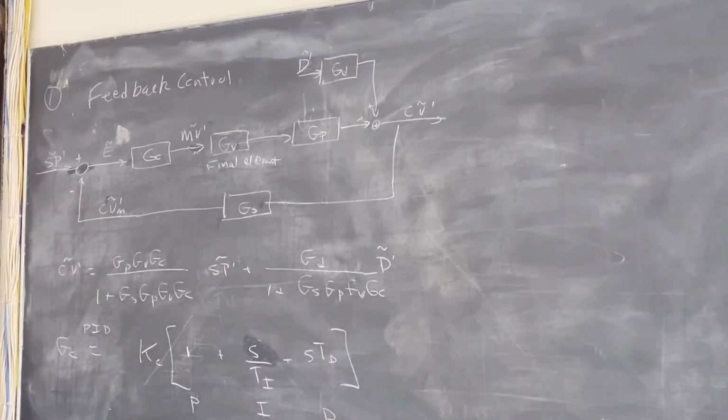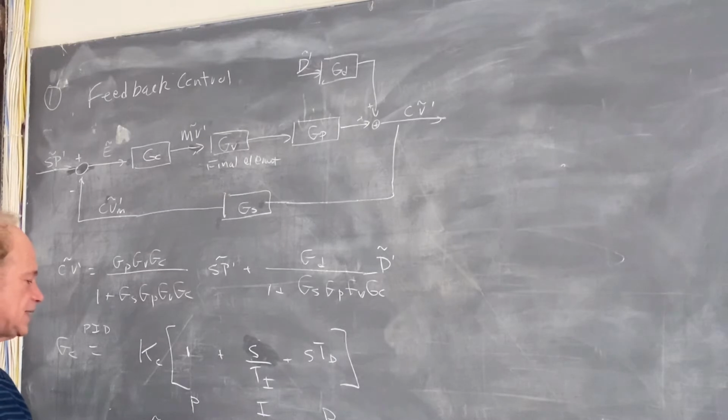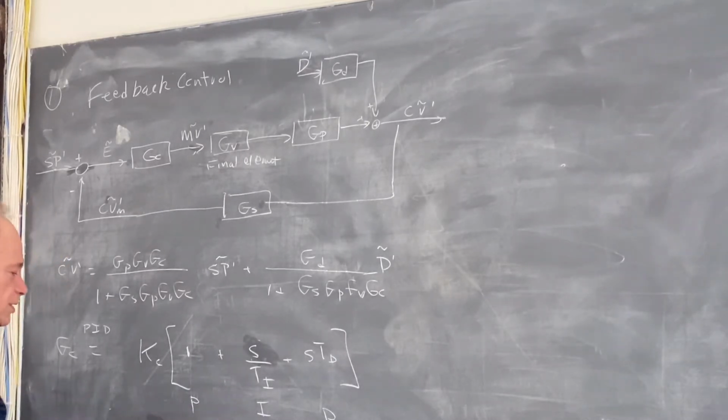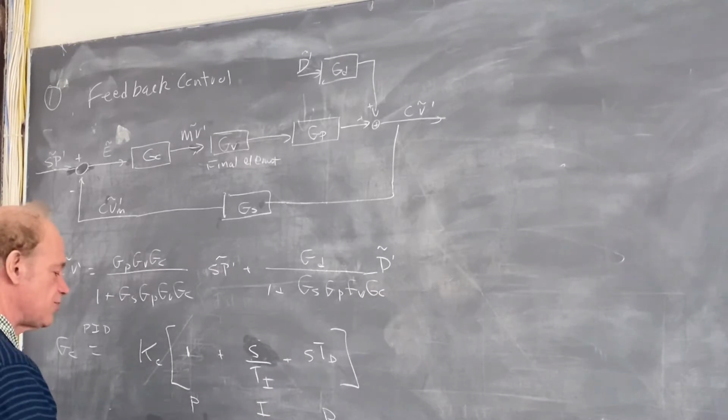Where this said that the proportional said that MV prime tilde was KC times, well actually let's, without the tilde, was KC times E of t.